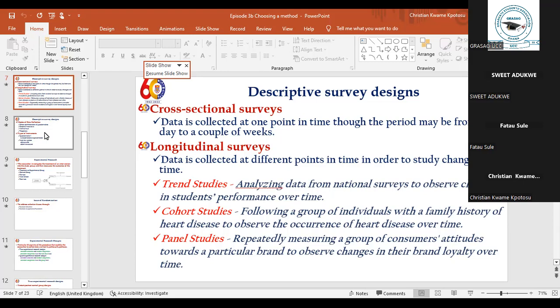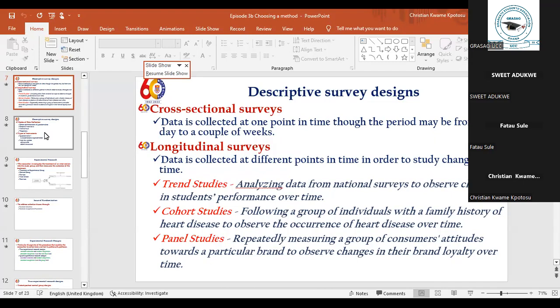Starting with yours, I will give an explanation so we see how it plays out. When you take the trend studies, a general definition is that there are different samples from a population whose members may change, or are surveyed at different points in time.